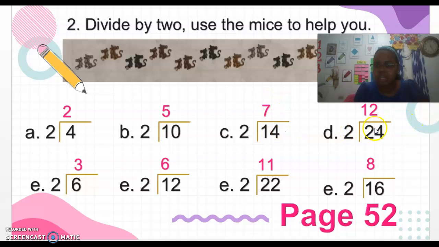One number that if I multiply by 2 I'm going to get 24 is the number 12. One number that if I multiply by 2 I'm going to get 3. Here I'm going to get number 6, here 11, and here 8.